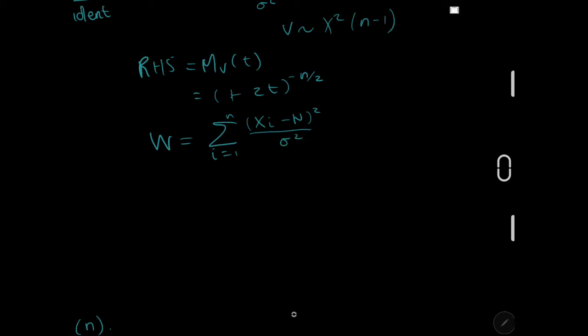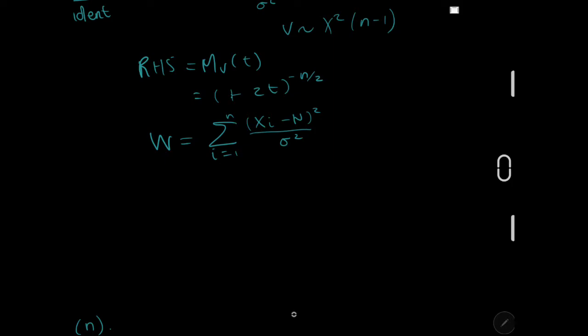So this is basically just taking all of the observations, subtracting the population mean, squaring that, dividing by our population variance, and then adding all of those up. So this, remember, is just a standard normal, and then you're squaring the standard normals and summing all of these up, so we know that W is chi-squared, and that's one of our prerequisites.